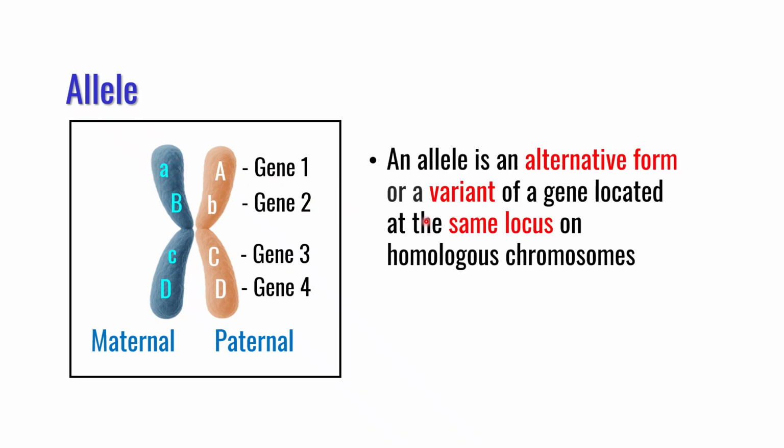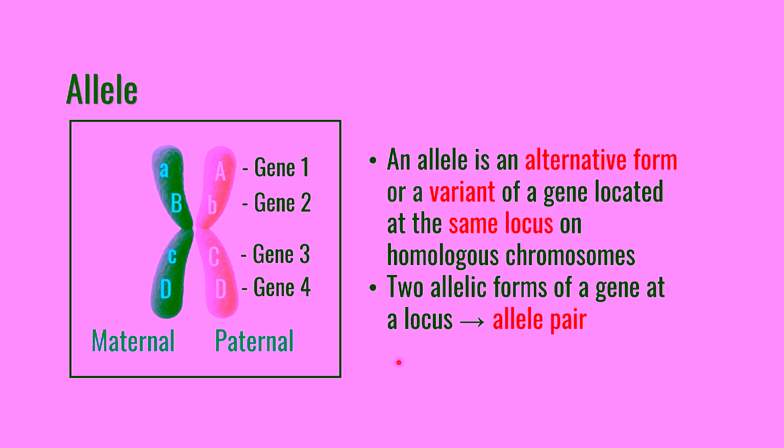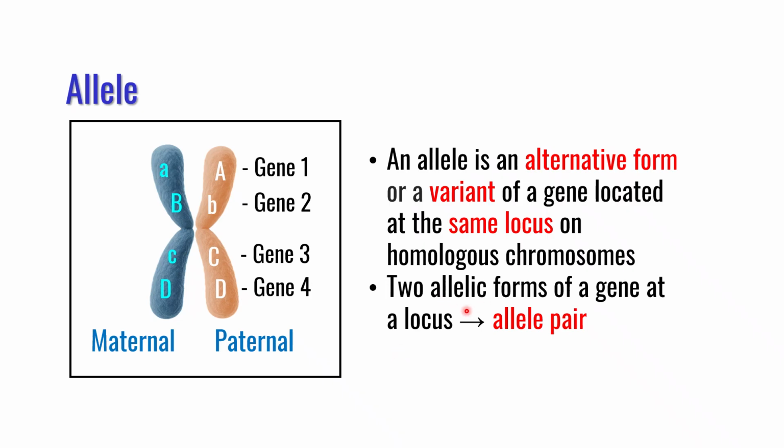So an allele is an alternative form or a variant of a gene located at the same locus on the homologous chromosome. Two forms of a gene at a locus is known as an allele pair. So these are four pairs of alleles I have shown here.